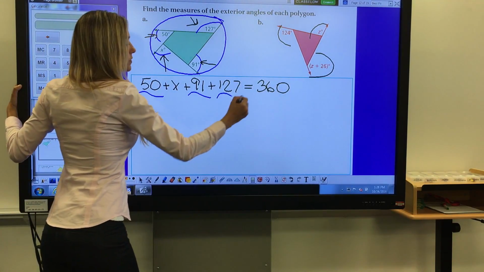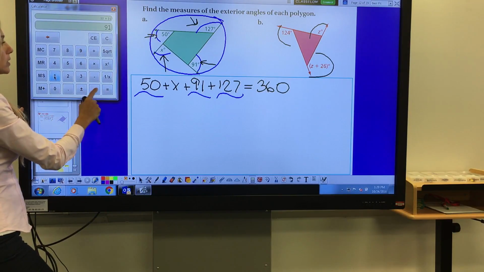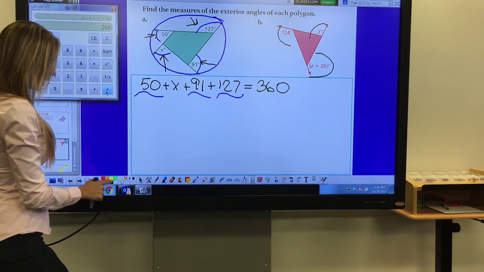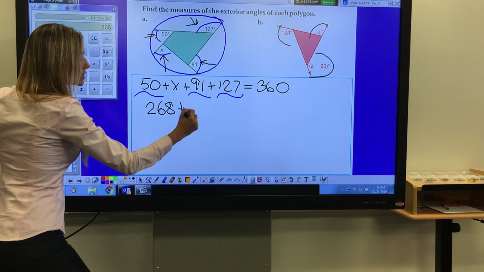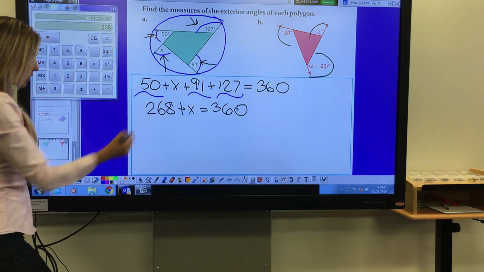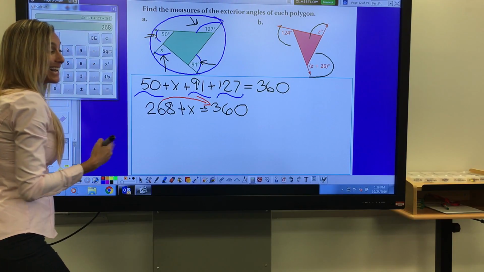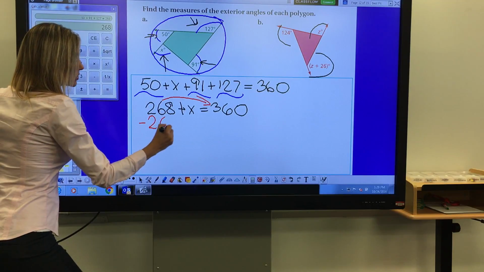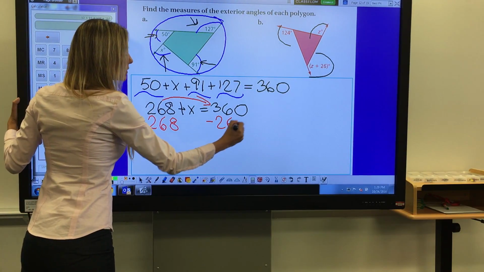Combine your like terms. 50 plus 91 plus 127 is 268, plus the x should give me 360. To solve for the x, the 268 wants to go over there, and I have to subtract, right, because it's positive. So minus 268 on both sides of the equal sign.